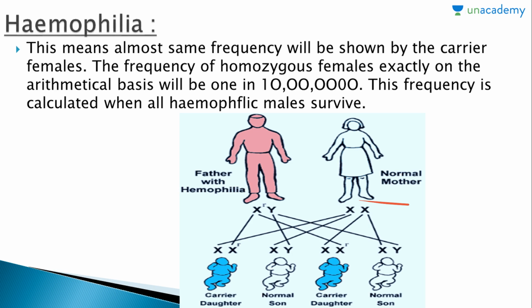When we cross both of them, we obtain X X^R, that is the carrier daughter, and XY is a normal son. Again, X X^R is a carrier daughter, and XY is a normal son. So there can be a carrier daughter or a normal son. I hope it is pretty clear from this diagram.